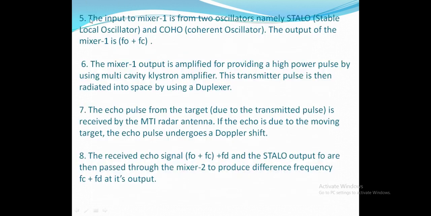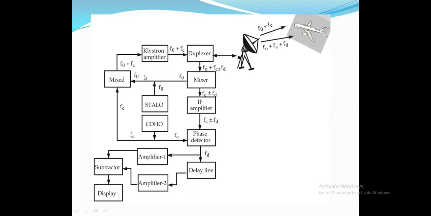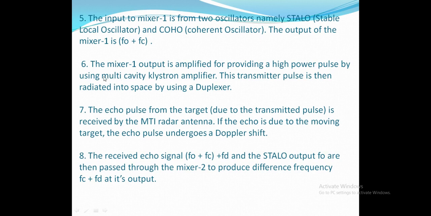Okay, see here, the inputs to mixer 1 come from the two oscillators, namely STALO, that means stable local oscillator, and the coherent oscillator. So the output of mixer 1 is F0 plus Fc, that is amplified by using this Klystron amplifier.